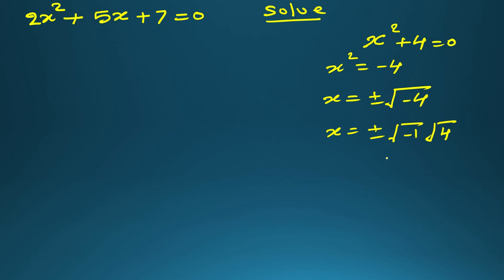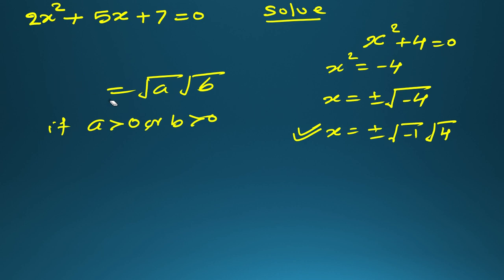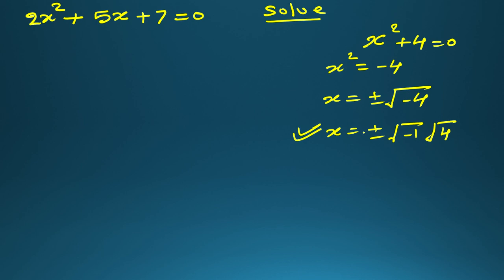Now while writing this identity, I remembered one very important thing for you: square root of a times b will be equal to square root of a times square root of b if at least one of a or b is positive. At least one should be positive, only then you can apply this identity, otherwise not. You can try to find the reason also. I will explain this later on, but first let's complete this question.